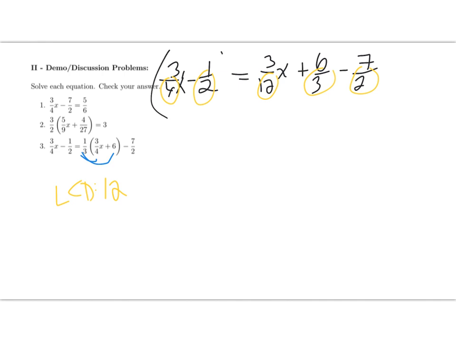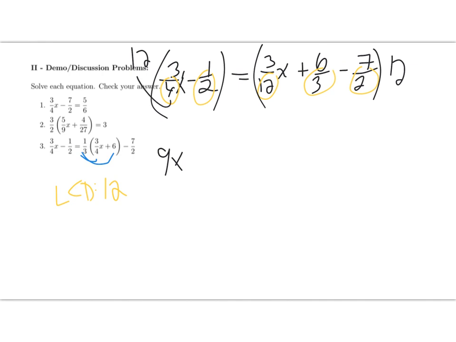So now you're going to multiply every single piece or part by 12. I'll give you an opportunity to clean it up, but once you do this enough, you'll start to feel more comfortable and fluid with the process. So in my head I'm saying 12 divided by 4 is 3 times 3x. Well, that just makes 9x.